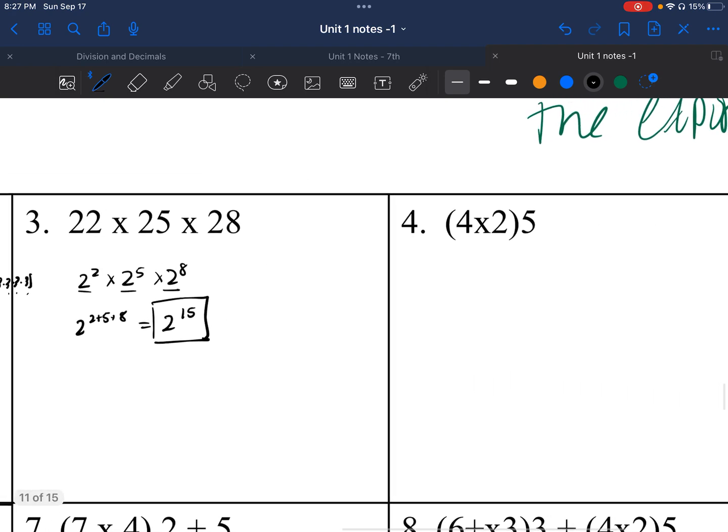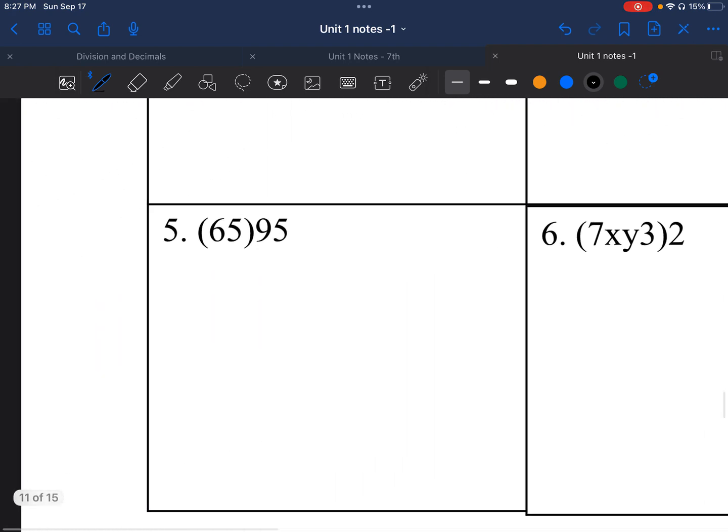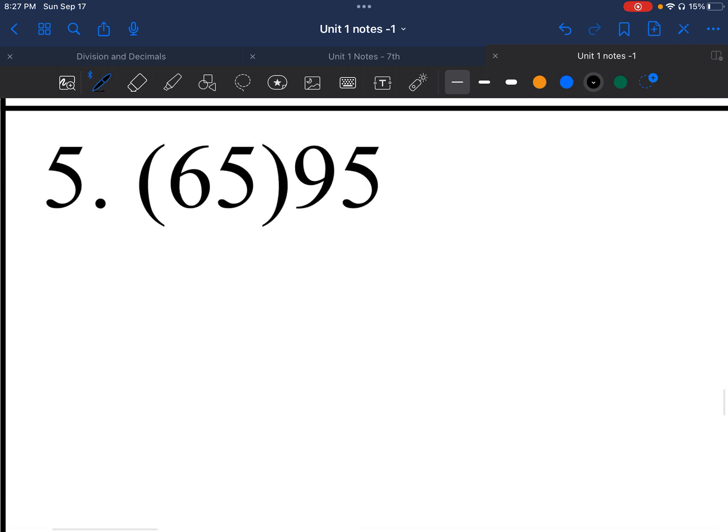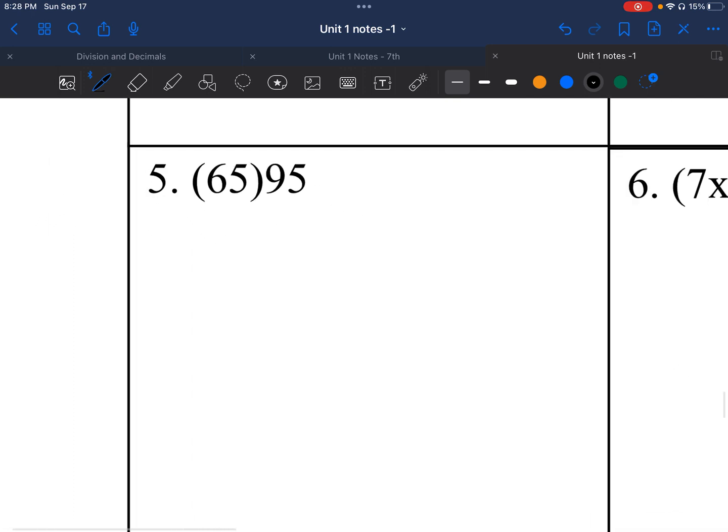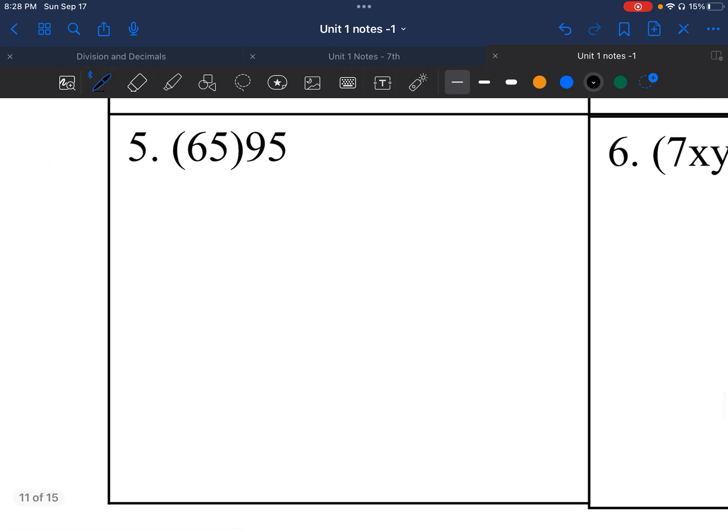Okay, let's take it up a notch here. We'll go down here, and I'm going to slightly change number 5 just to make it a little bit more challenging. If I have 6 to the 5th, and then I am timesing that by 6 to the negative 5th.